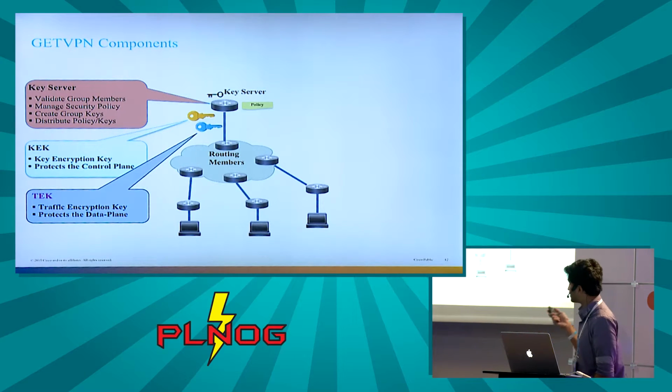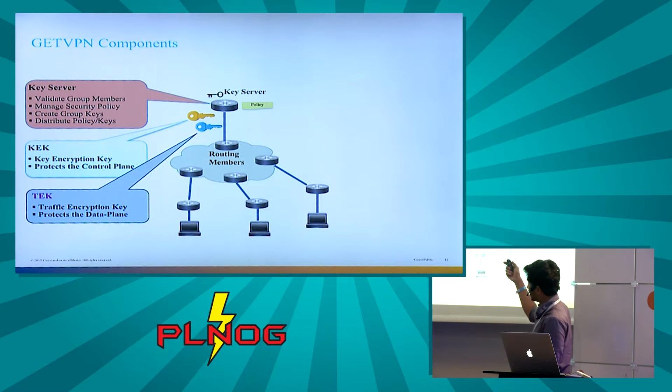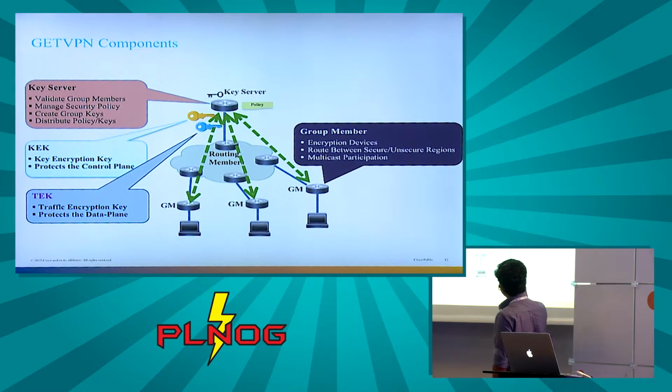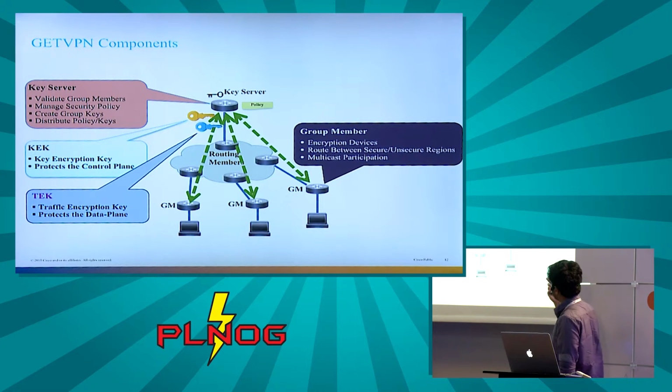Anytime the TEK has to be sent from the key server to the group member, it's encrypted with KEK. So hence, key encryption key and traffic encryption key. And traffic encryption key is the key that's used by the group members to encrypt the traffic from any source to any destination. Finally, the group members get the keys from the key server and start encrypting the minute they get the keys.